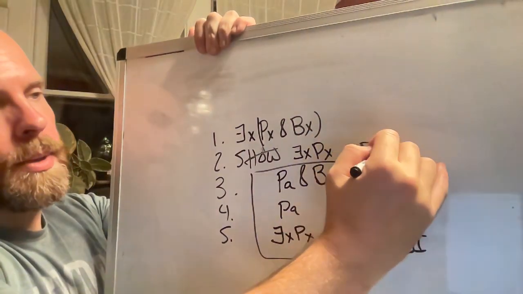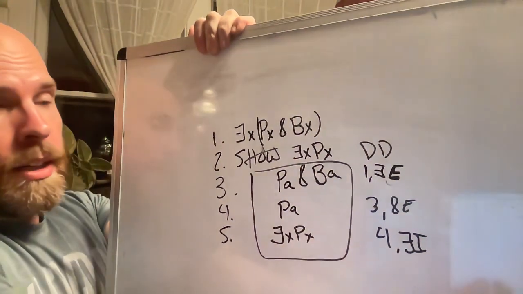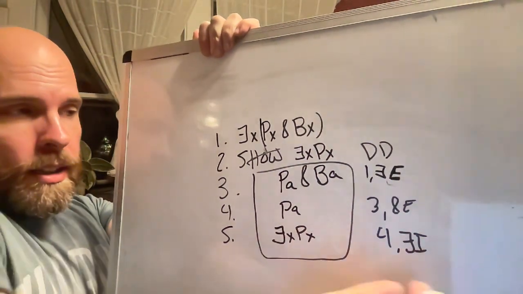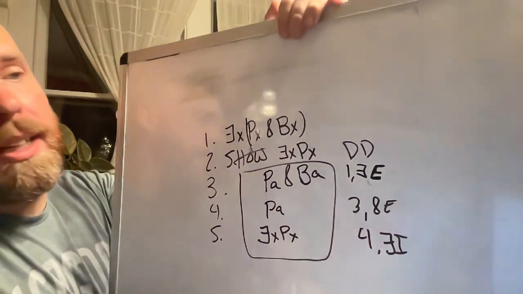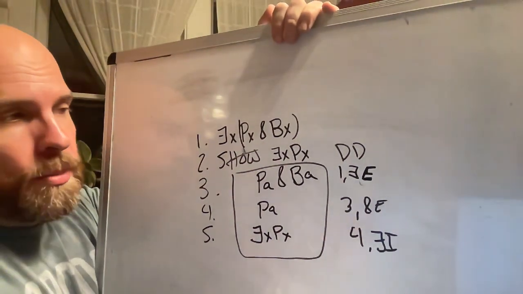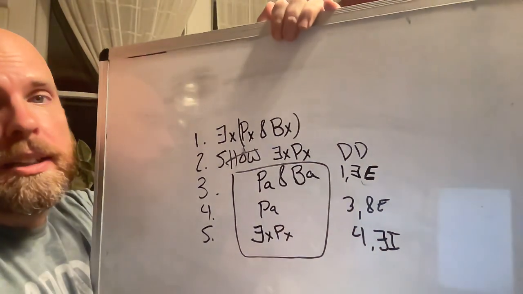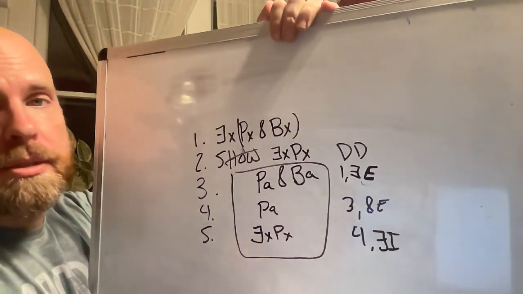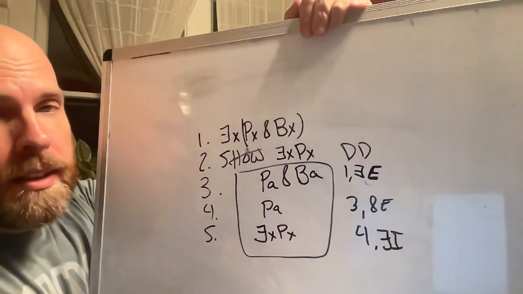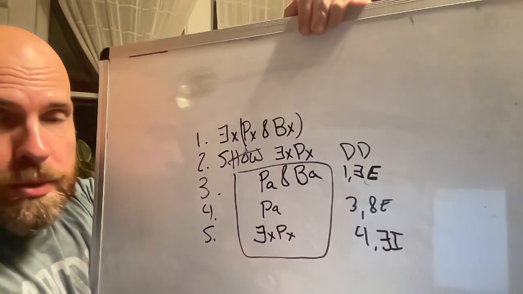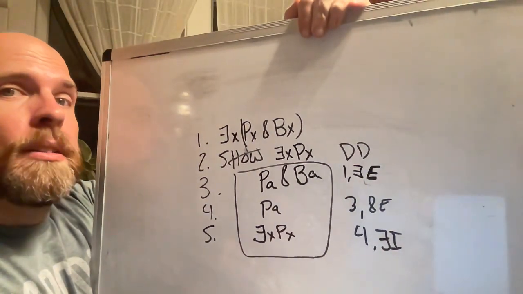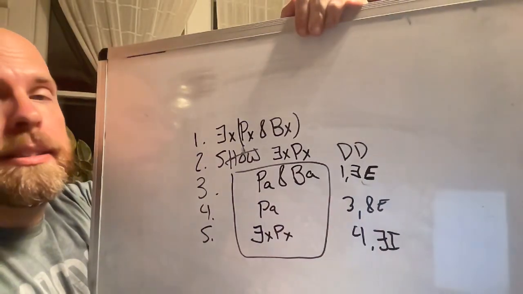And I did that by direct derivation. Now, I got rid of it, I proved something. Could have been about Alex, could have been about Bob, but structurally I instantiated the existential to some individual. I proved something, I moved some symbols around, and I was able to infer something else based on that symbol manipulation.